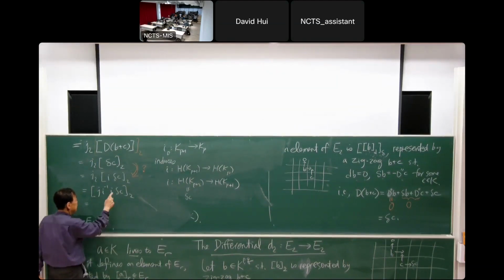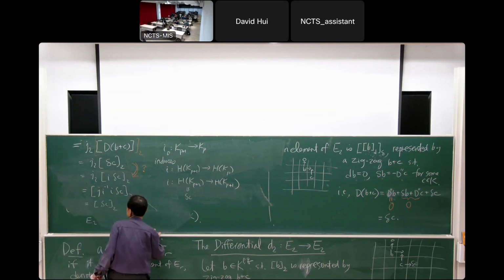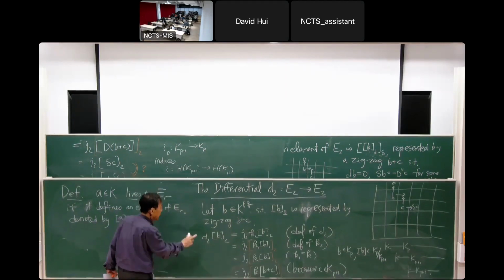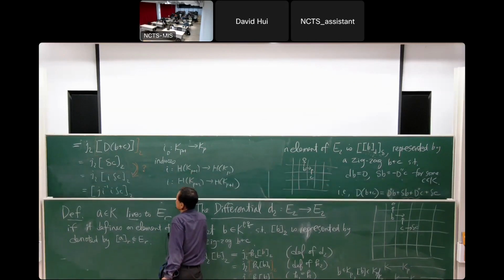J is just projection, so you get the class of delta C. So that is D2, this sequence of computations.